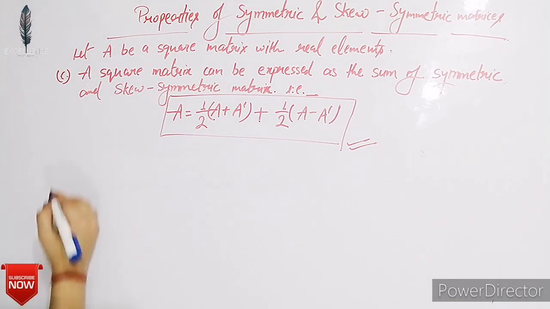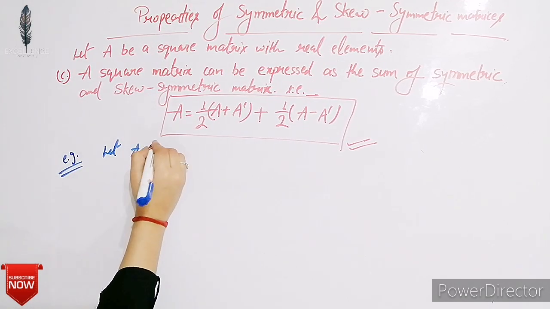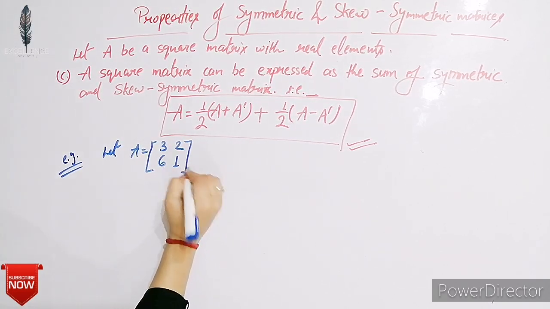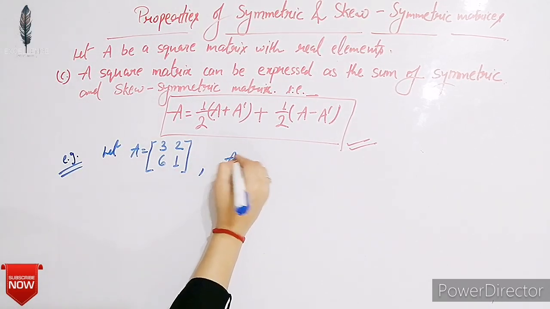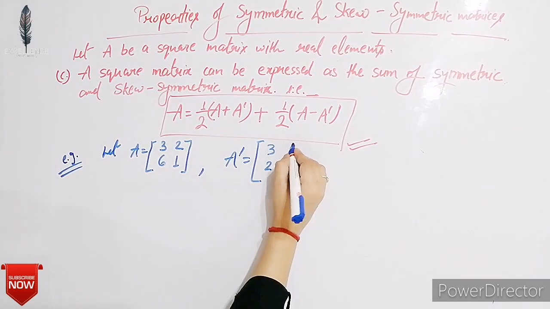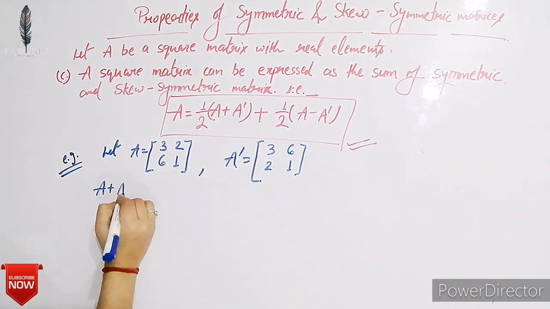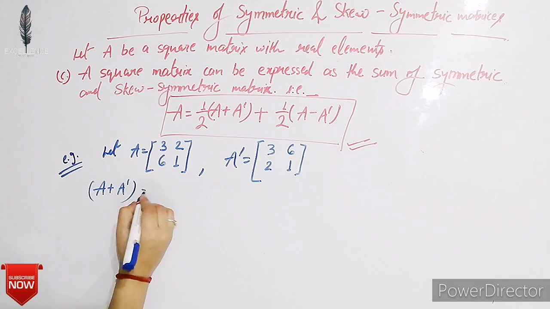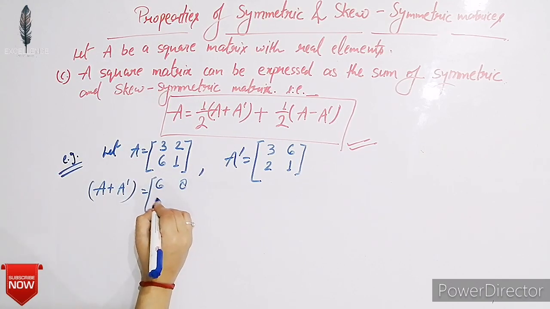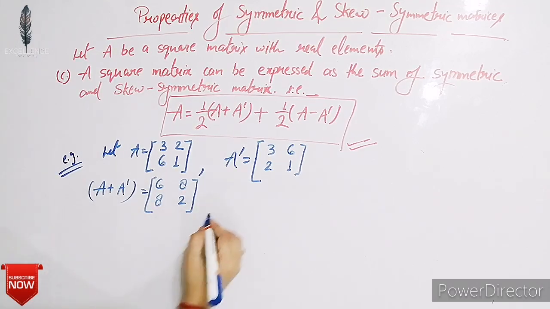Let us clarify this with an example. For example, we have A equal to 3, 2, 6, 1 and A dash, transpose of A, is 3, 6, 2, 1, interchanging the rows with the columns. Now A plus A dash: adding the corresponding elements, 3 plus 3, 6, 2 plus 6, 8, 6 plus 2, 8, and 1 plus 1, 2.